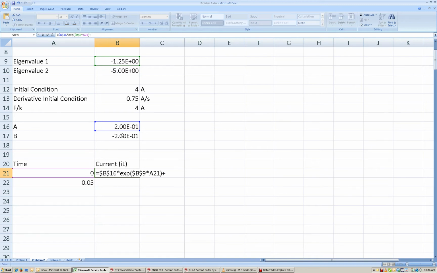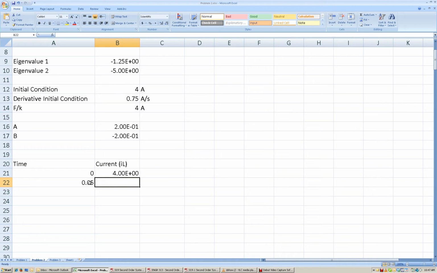Then I'm going to take B times E raised to the second eigenvalue times time, plus F over K, absolute reference. So we see that at time 0 here, our current is 4 amps, which is true to the initial condition.